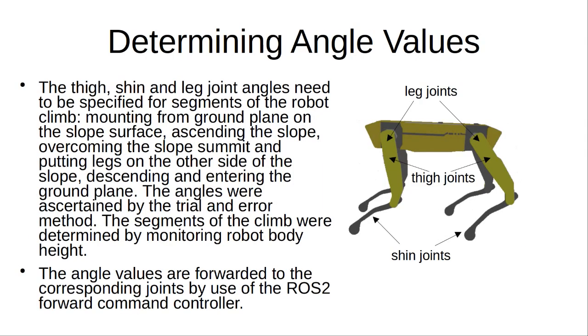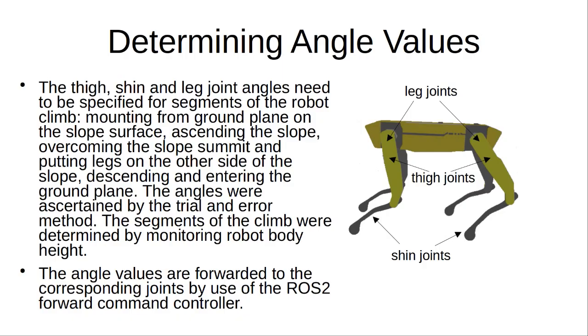The thigh, shin and leg joint angles depicted on the picture on the right side need to be specified for segments of the robot climb, namely mounting from ground plane on the slope surface, ascending the slope, overcoming the slope summit and putting legs on the other side of the slope, descending and entering the ground plane.